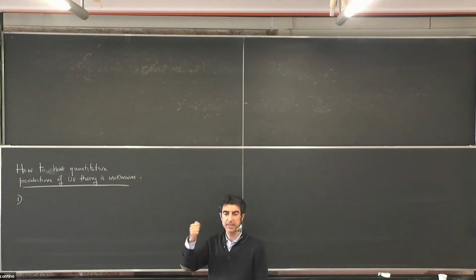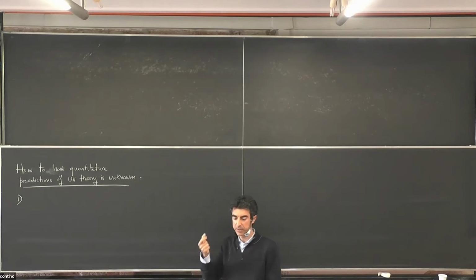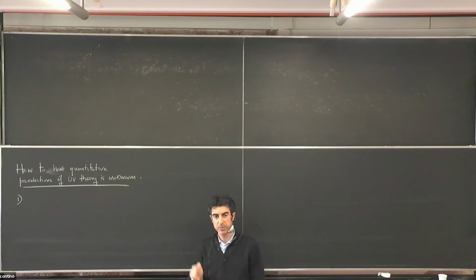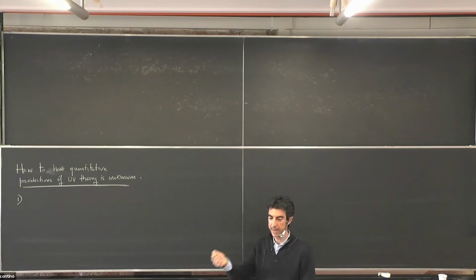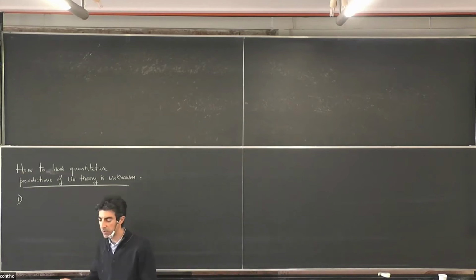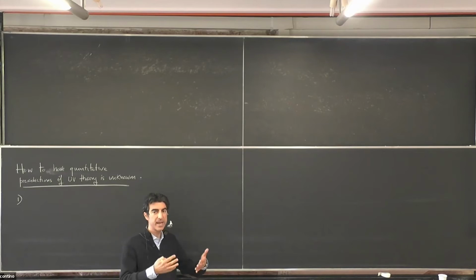And this local dependence in position space, once you Fourier transform to momentum space, gives you an analytic dependence on momentum, in particular polynomial dependence on momentum. So everything which is non-polynomial, as we also saw in the matching, must come from the exchange of light degrees of freedom, not heavy ones.